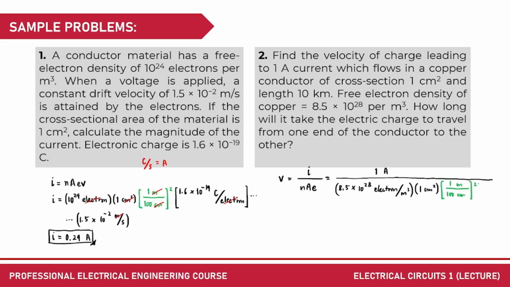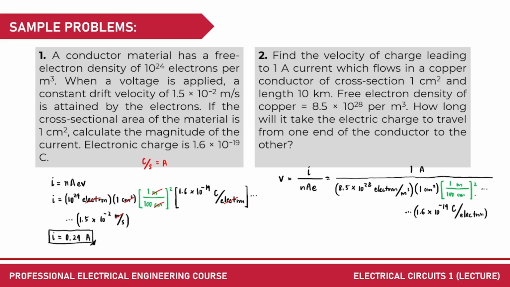Okay? And after that, we have to multiply the denominator by e, which we are given already as 1.6 times 10 raised to negative 19 coulomb per electron.